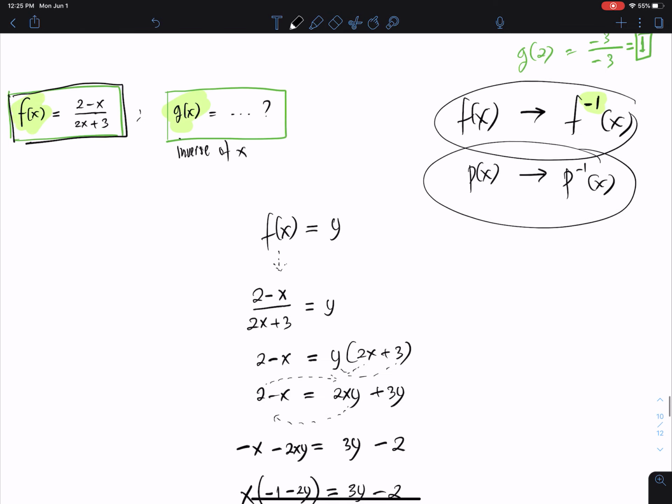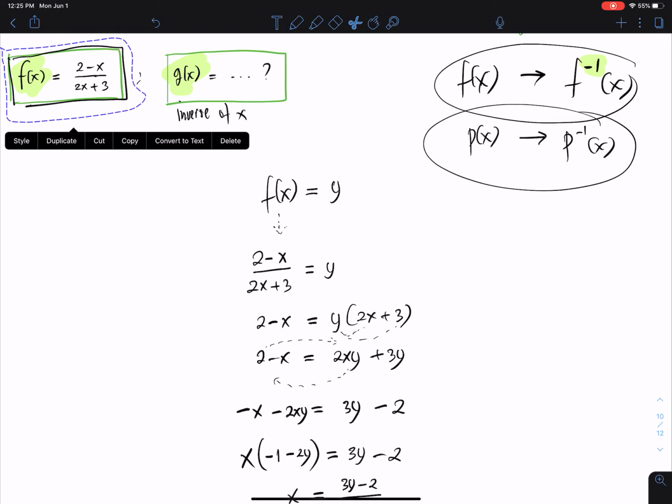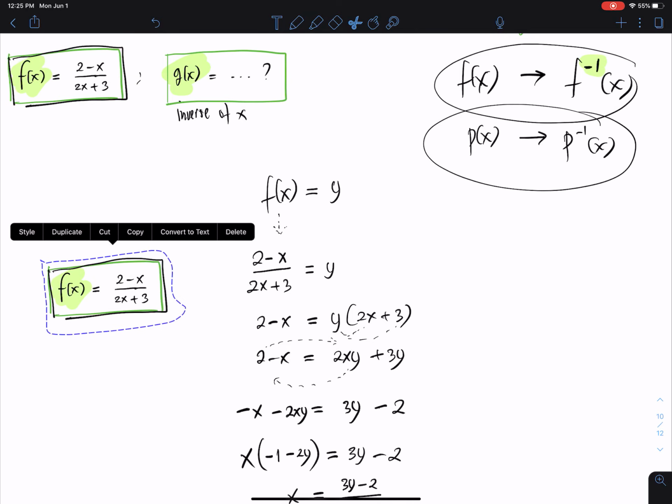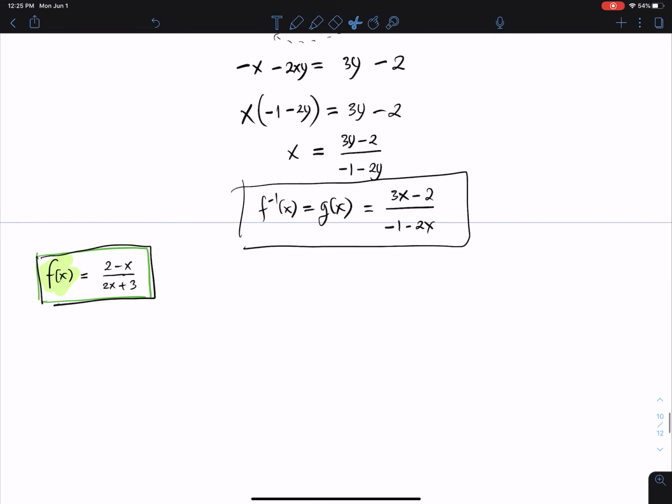We can prove it with the original function here. Let me just copy this, too lazy to write it down. So let's try on the domain and range. Let's bring x equal to 1.